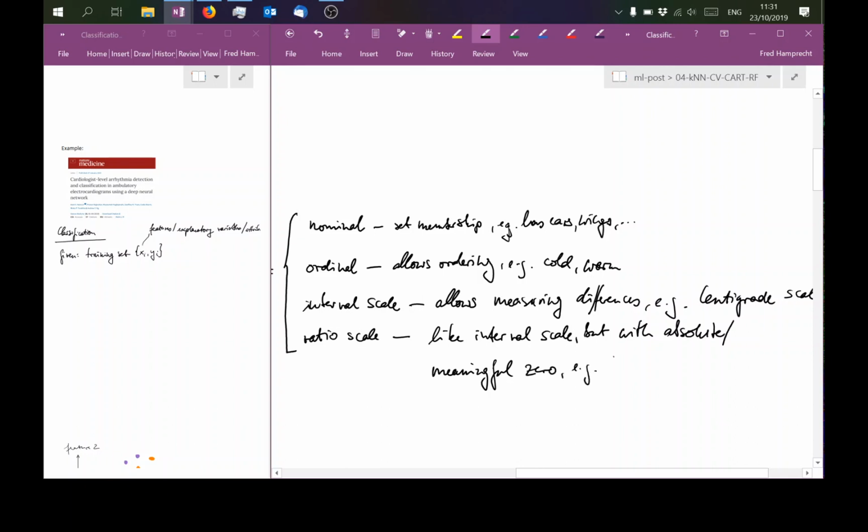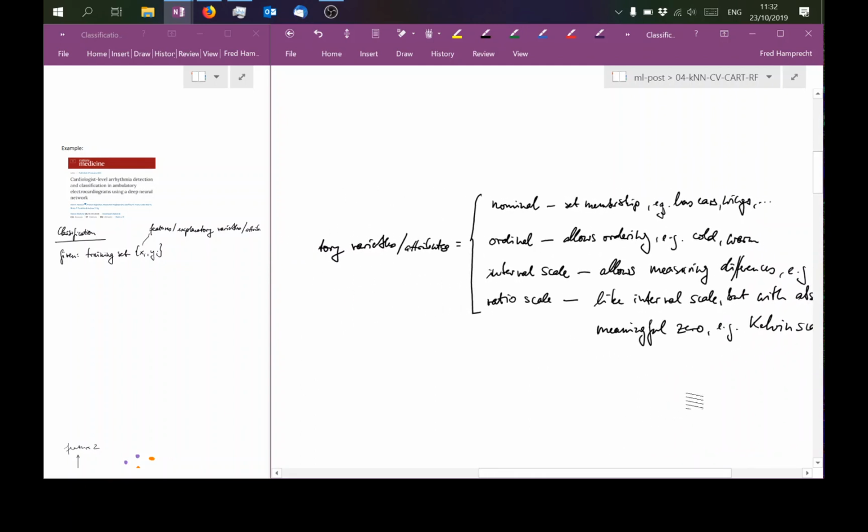For example, in the temperature example, the Kelvin scale. So we can really say that something is twice as far from the absolute zero than something else. Okay, so our attributes can be on any of these scales.